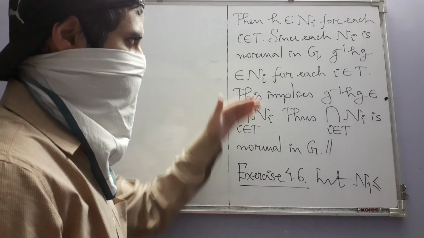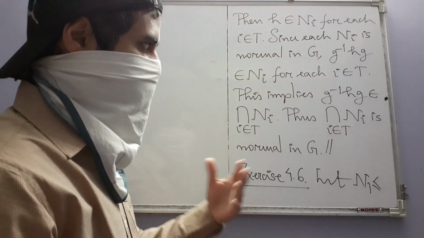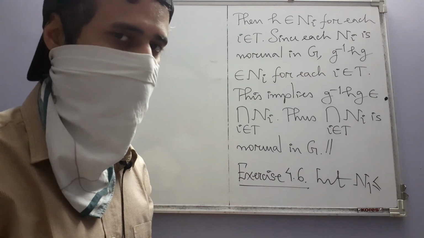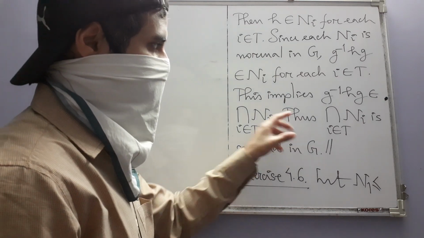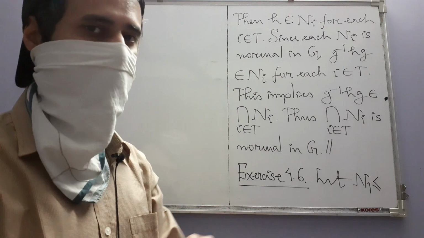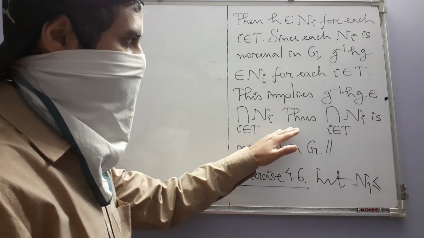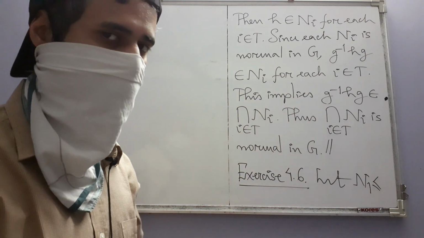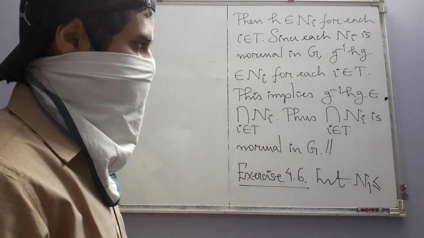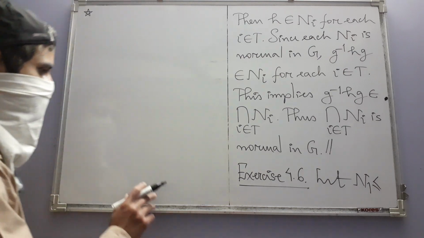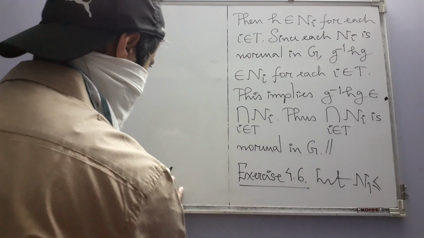But sometimes your solution or your proof is really very long, and then using just those names will confuse you. So you do whatever is convenient for you, but keep in mind you should not make any mistake. Okay, so now let's continue this.